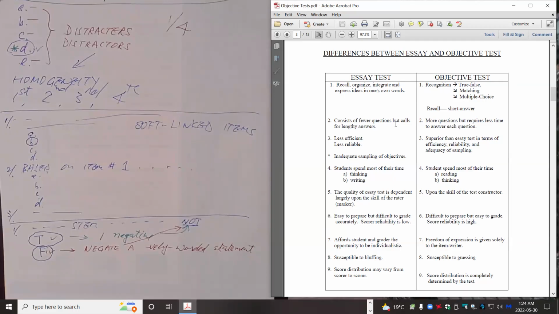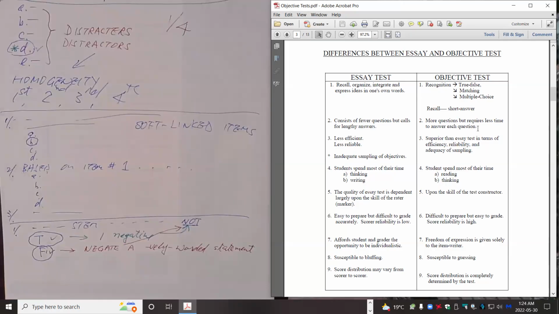An essay test consists of fewer questions, 6 to 7. In a thesis, just one question or just one item, right? But it calls for lengthy answers. Here, objective tests have more questions, but those tests require less time to answer each question, right?